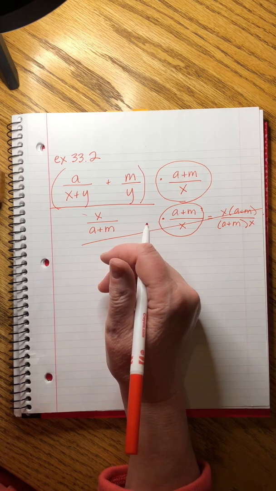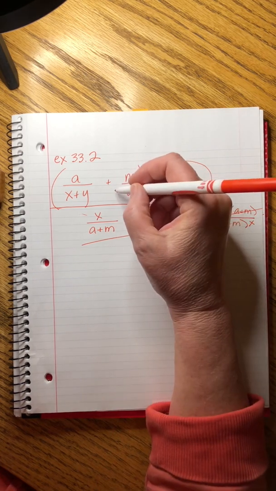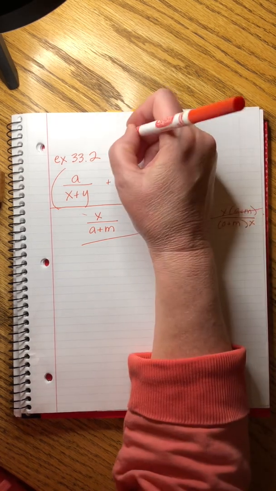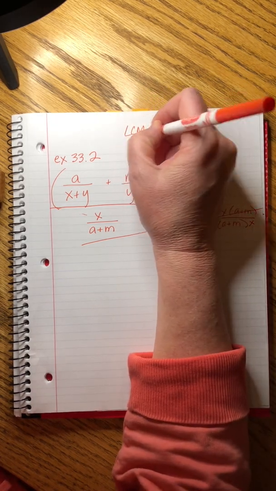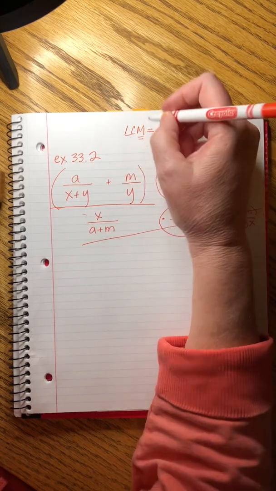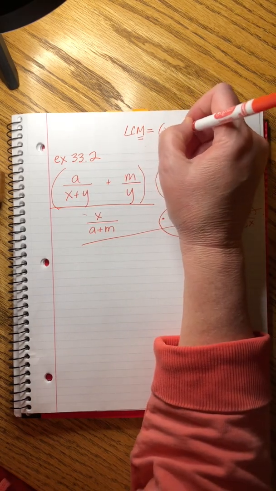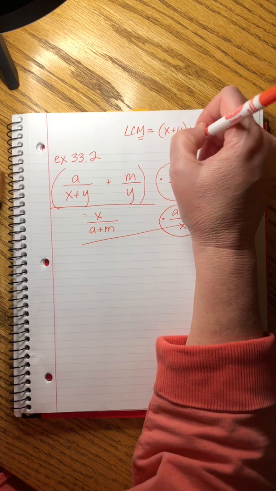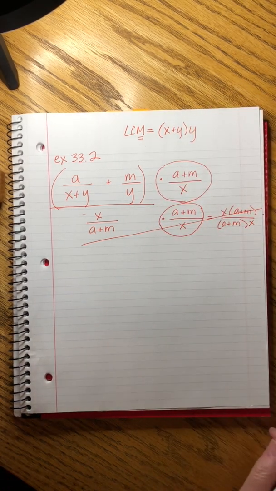So, I know many students' brain says, well, can't we just add x to this and add x to that? No. We get least common multiples only by multiplying, and the only way to do this is to do the quantity x plus y times y. It's the only way it's going to fly.